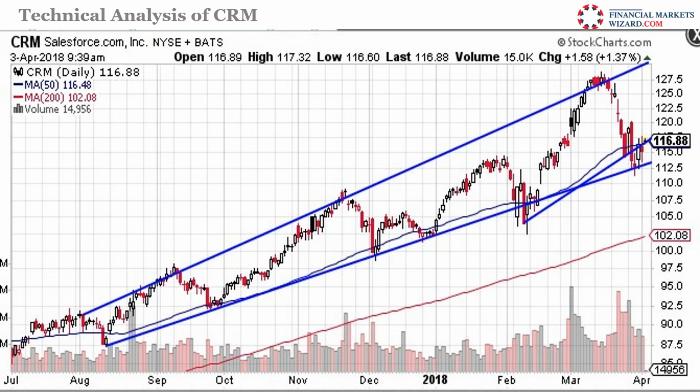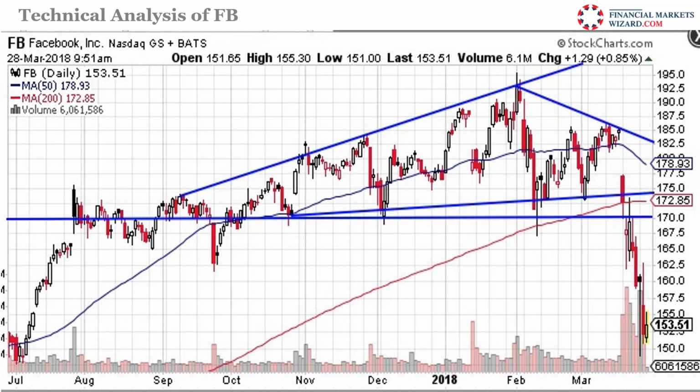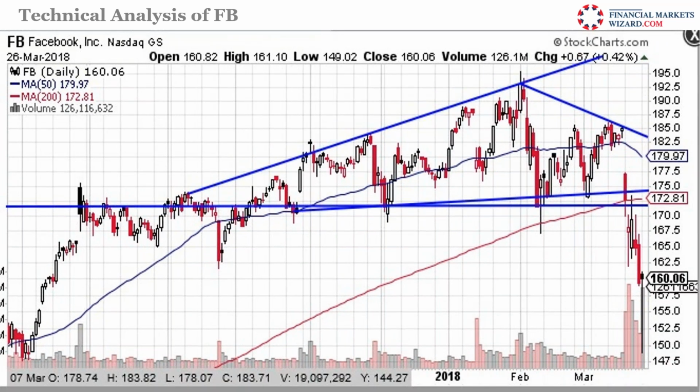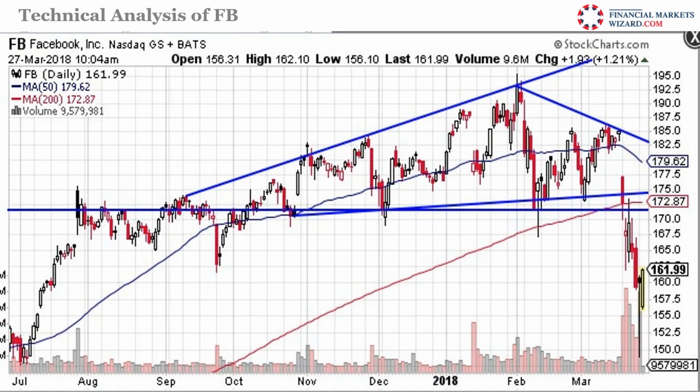I want to show you, okay, I can show you this Facebook. If you remember my last presentation, when Facebook was going down, I explained to you about this hammer that Facebook has bottom at 149, 150, and everybody should be long, and I'm long in Facebook, and this is the way Facebook has progressed. I'll show you in slow motion. After this hammer formed, look at how Facebook progressed to the upside.